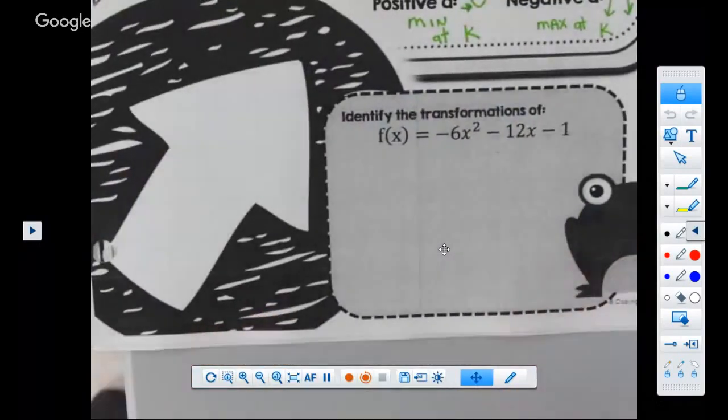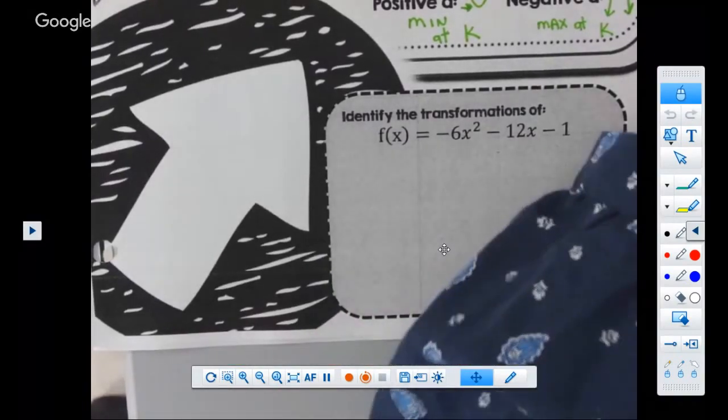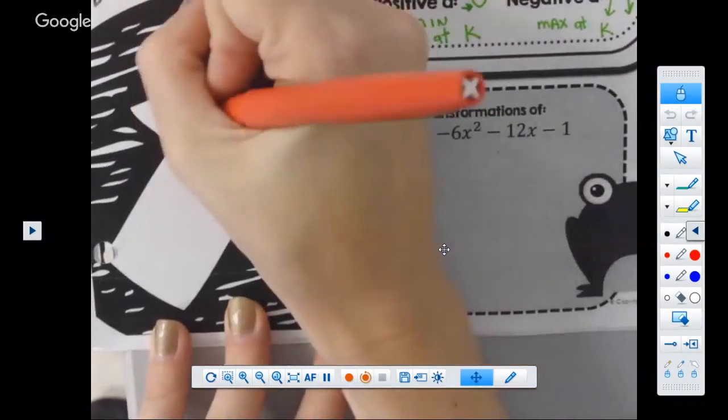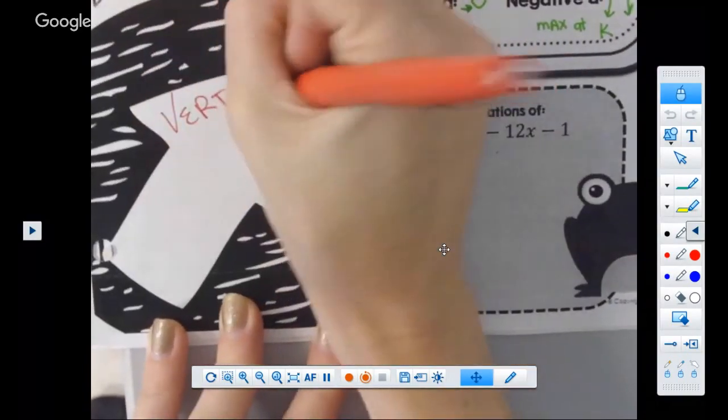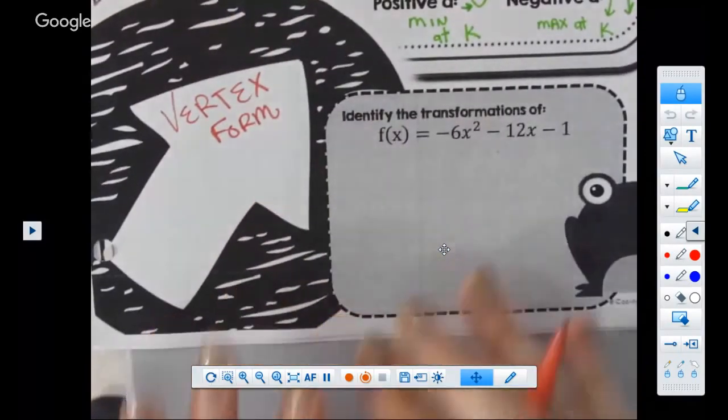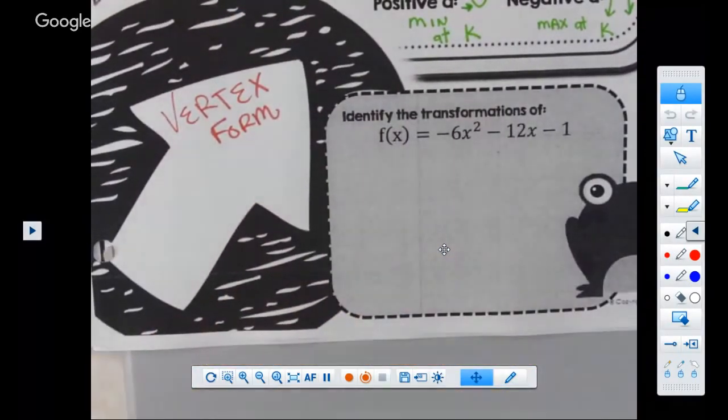All right, here's the last one. Transformations. When we identify the transformations, we need things to be in vertex form. So even though that was on the last one, I'm going to remind you. Vertex form. In the big arrow, I'm going to put vertex form.